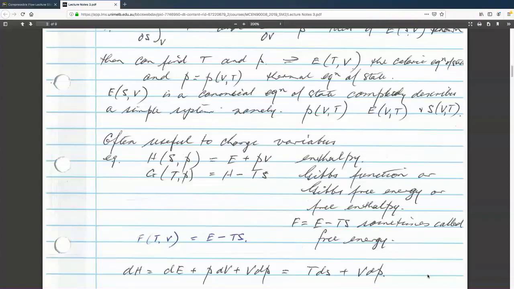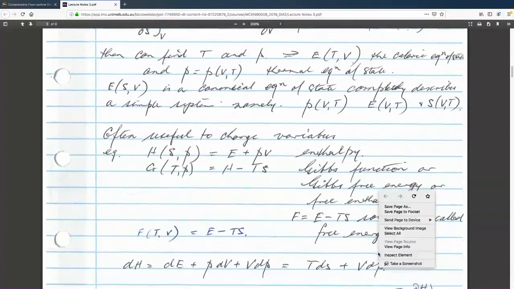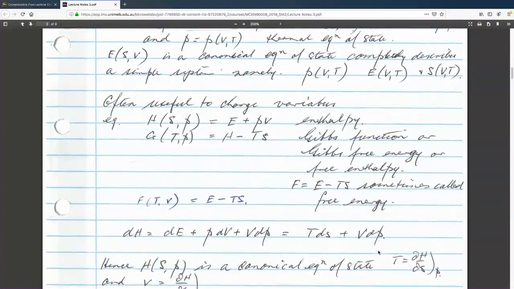So now, by the same trick as what I did here, I can arbitrarily take this function, H of S and P, and do the following. And you'll see then immediately why it's a canonical equation of state.